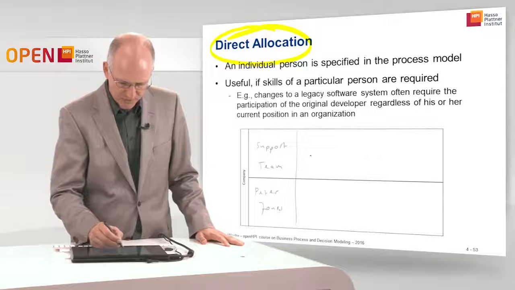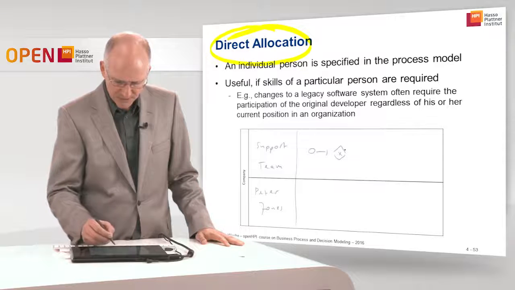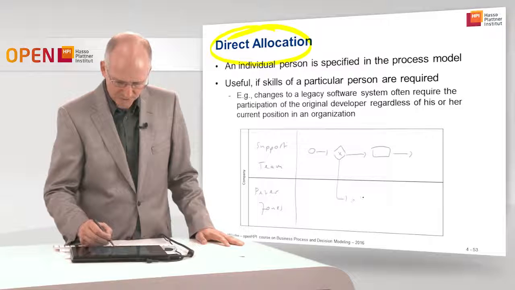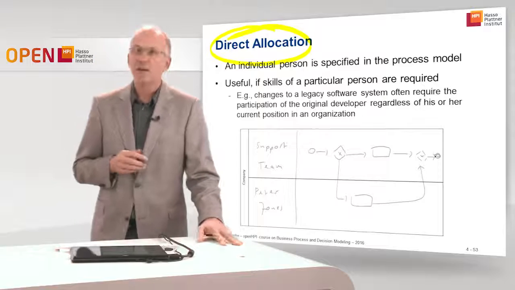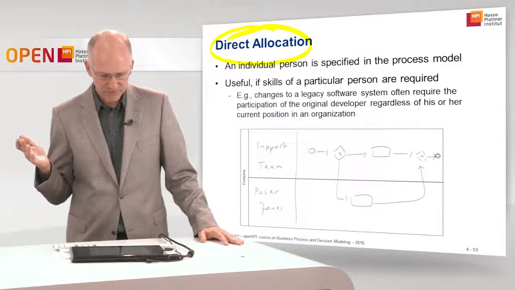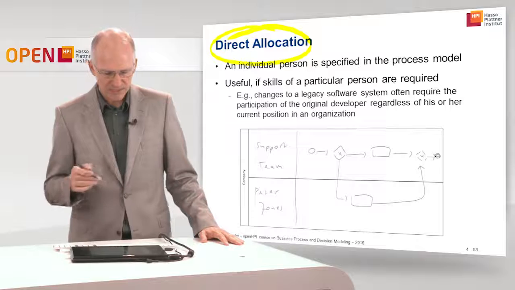We have here an activity, a support request, and either the support team can handle it, or Peter Jones needs to handle it and would then give the result back and it terminates. That is a sketch of a process model where we have direct allocation.